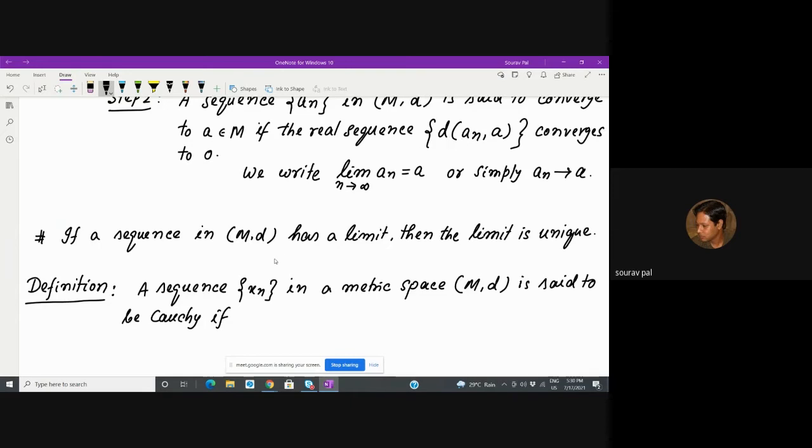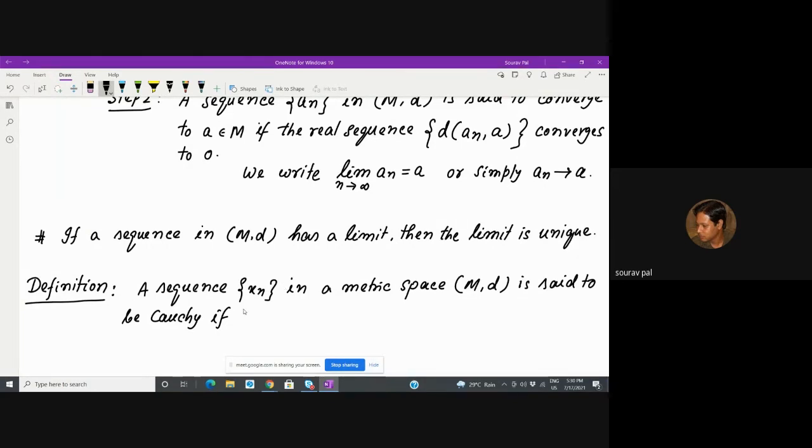So we define the Cauchy sequence in an analogous manner. We just push forward everything to the real line. We know the notion of Cauchy sequence in the real line. A sequence in the real line is said to be Cauchy if |x_n - x_m| goes to 0 as m, n goes to infinity. We know that, right?